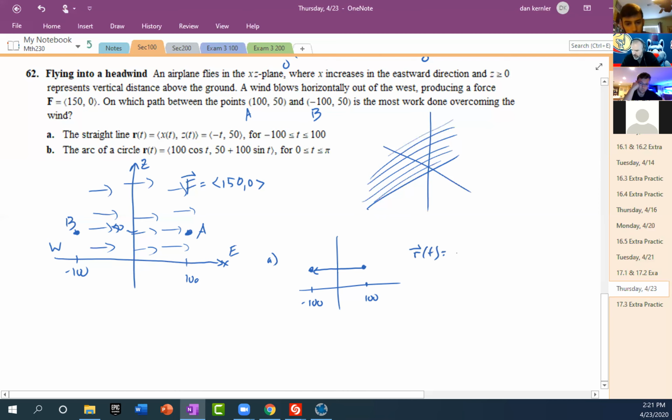They say, use r of t to be <-t, 50>, and then t goes from negative 100 up to 100. So you just do the line integral, negative 100 up to 100, of the field dot product, actually we can just put in the field, right? It's <150, 0>, and then the dot product with r prime of t dt.